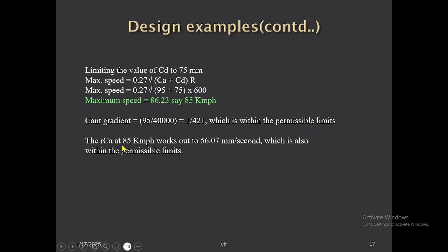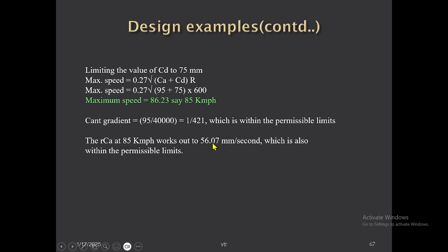The rate of change of cant actual at 85 kmph works out to 56.07 mm per second. We work out the rate of change of the cant actual using the formula 1 by 3.6 into CA into BM, and that gives us how much rate of change of cant we are getting.